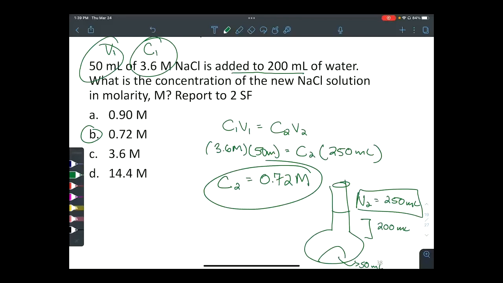V2 is actually 250 milliliters. How the wording can change is if I said we took 50 milliliters of the stock and diluted it to a total volume of 200 milliliters. That's how the wording would change if I wanted V2 to be 200.